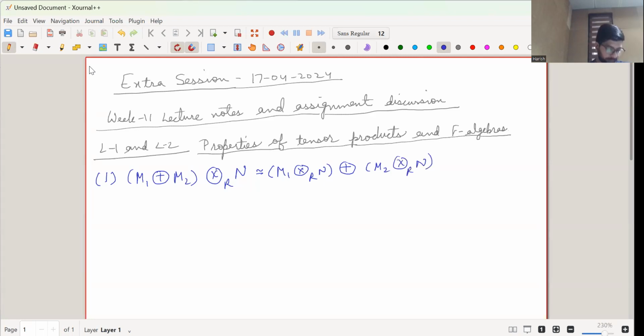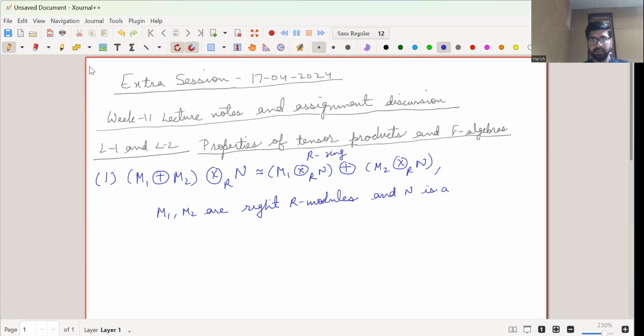Here M1 and M2 are right R modules, N is a left R module, and R is a ring.